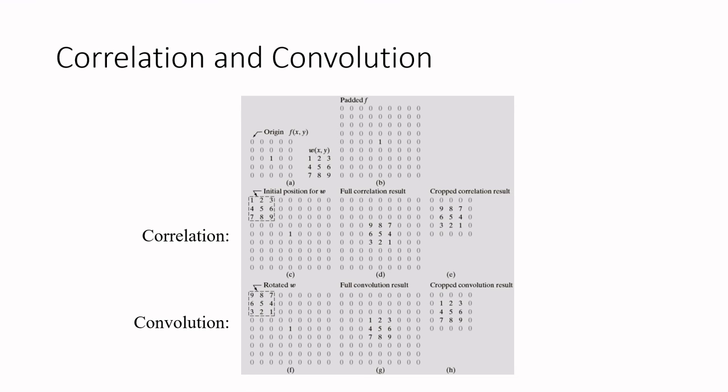This is another picture illustrating how correlation and convolution operations will be carried out. This picture essentially shows again the flipping of the convolution mask, while in the correlation there is no such flipping that takes place.